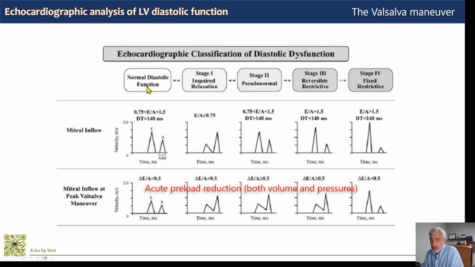Whereas in a normal diastolic baseline function, the EA ratio at the end of the Valsalva Maneuver will be substantially unchanged. So the aim of the Valsalva Maneuver is to identify patients with stage 2 and stage 3 diastolic dysfunction. And the maneuver is indeed inside the diastology recommendations. It was since the 90s, in fact. It's a second line assessment.